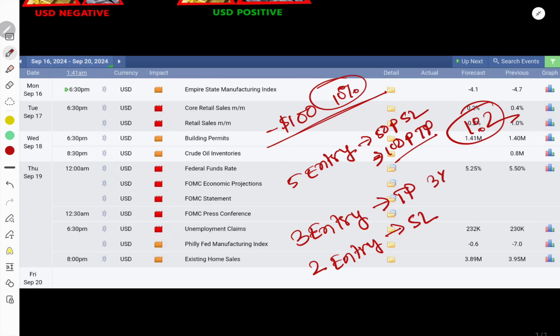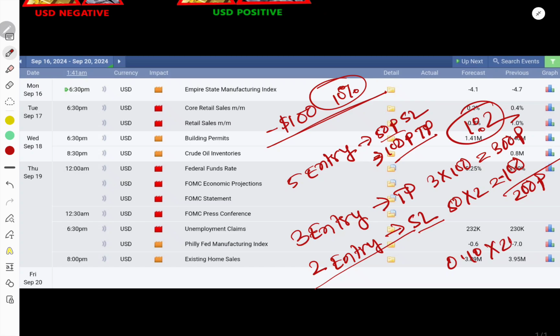Your profit will be 3 into 100 pips, equal to 300 pips, and 2 entries SL with 50 pips, 50 into 2, is 100 pips. So your profit in a day is 200 pips. If you take 0.10 lot size into 200 pips, your profit will be 200 for gold, because gold's power is 10 times that of others. That will be 200 bucks profit.